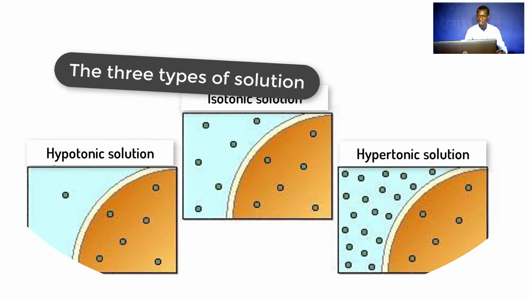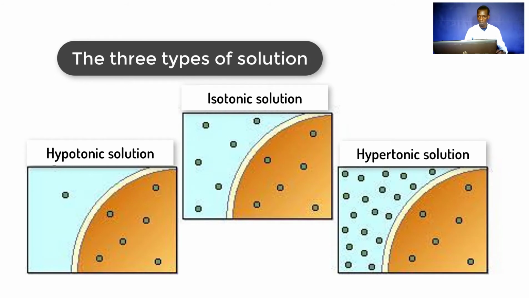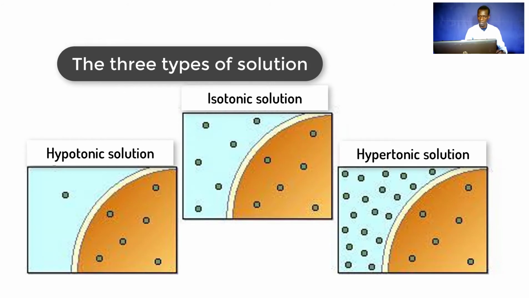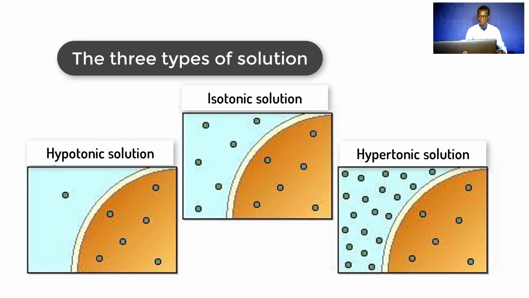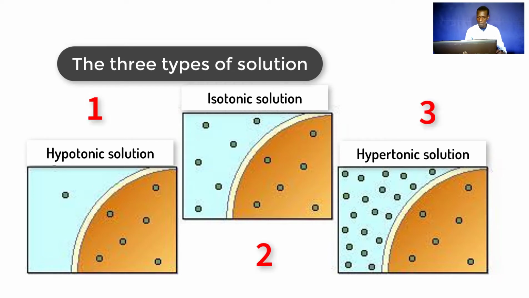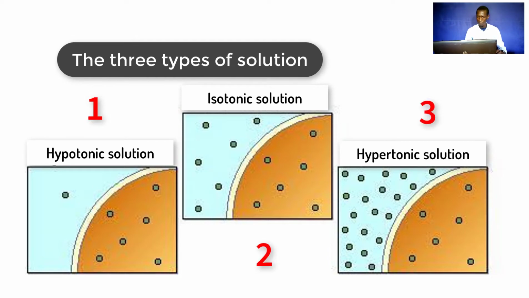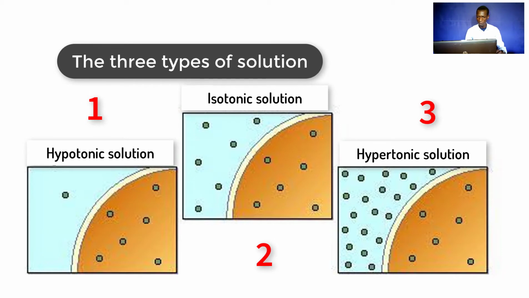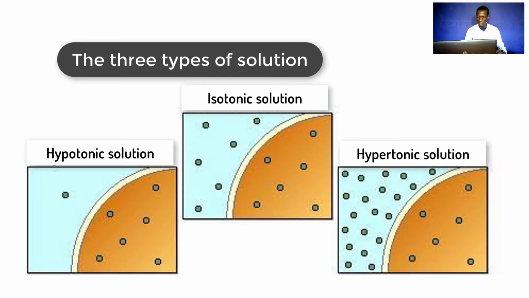Okay, let's look at this simple diagram here to understand more on what I've just talked about pertaining to the three types of solutions. When you look at these three images, there are some labels here which are helping us identify the type of solutions that they represent.